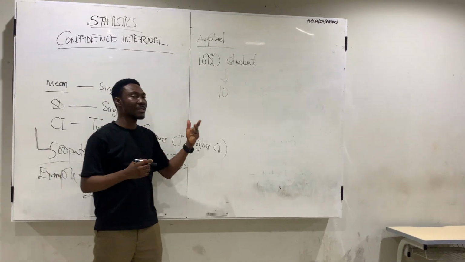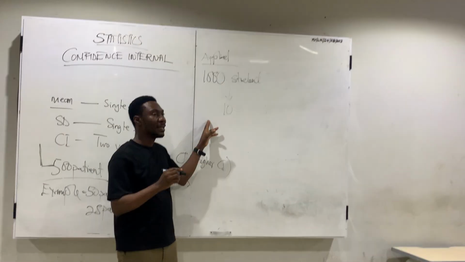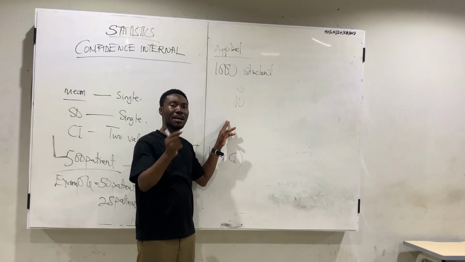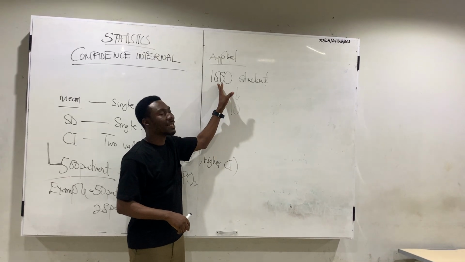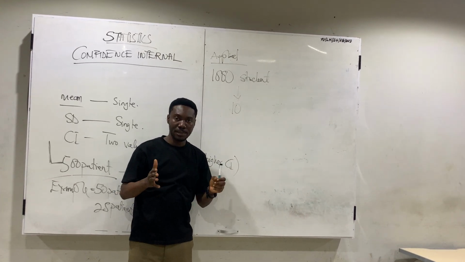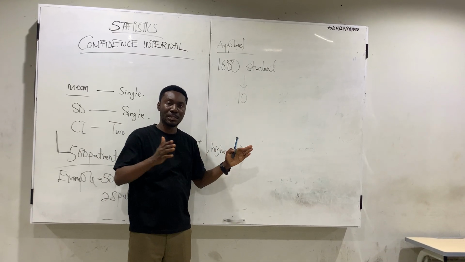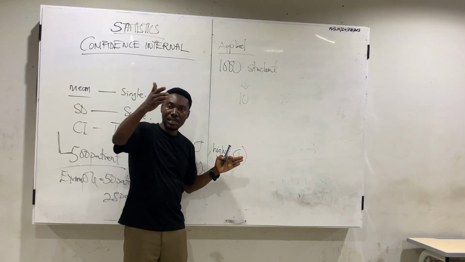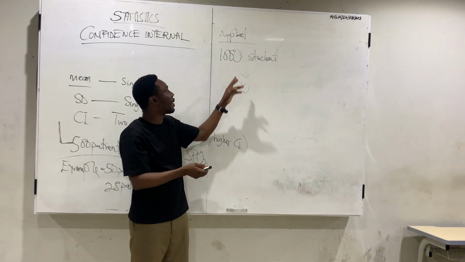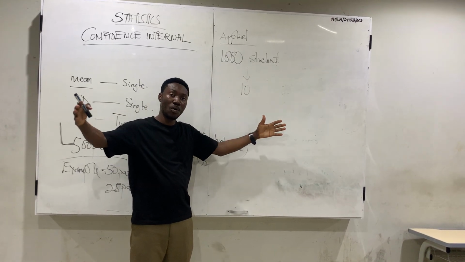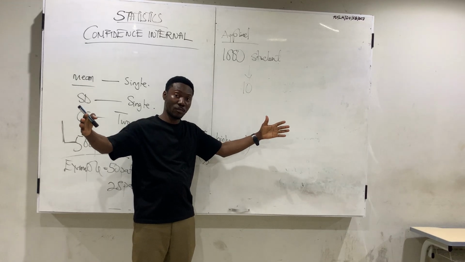Now, let's say we want to know the mean exam score of all the 1,000 students. What that means is that we now have to mark the scores of all the 1,000 students, add all the scores together, and divide by 1,000 before we get the mean score of the 1,000 students. And that is a lot of work.